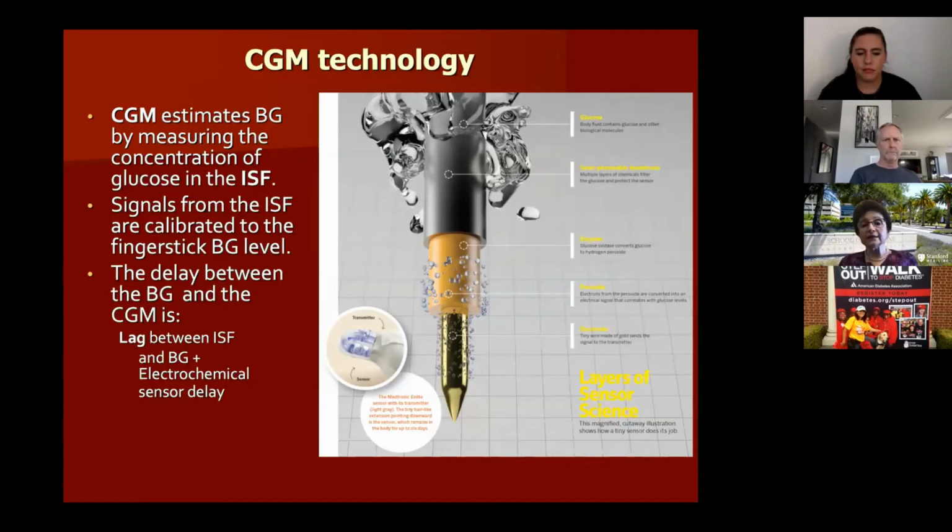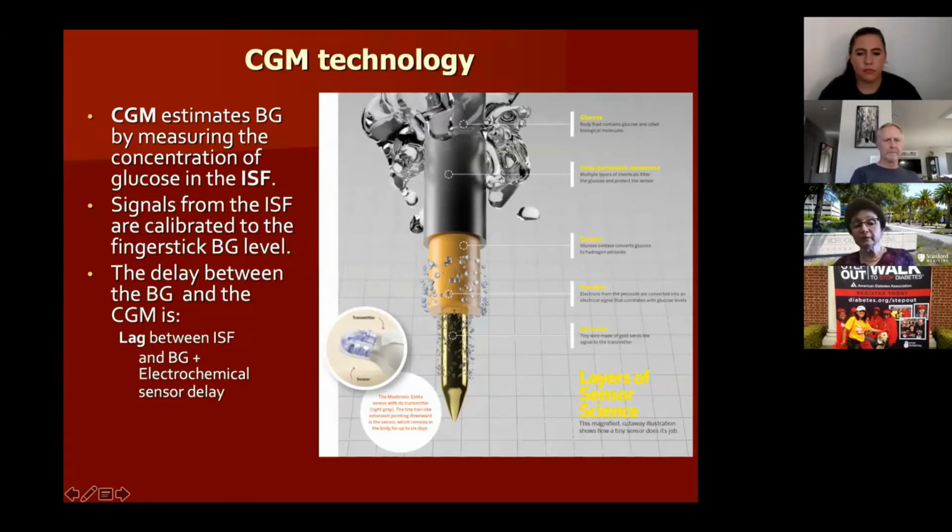So it consists of several different membranes. The outer membrane protects the enzyme layer from non-glucose entering into this enzyme layer. And then the enzyme layer oxidizes the glucose and sends the data of this oxidation into the actual electrode that converts the data to the signal and sends it to the transmitter.